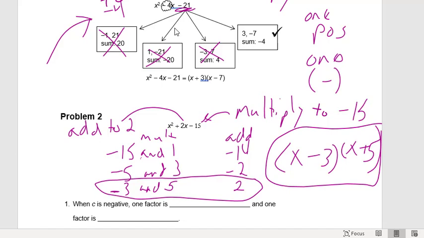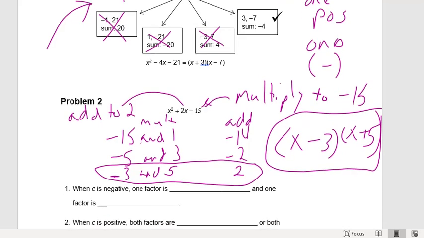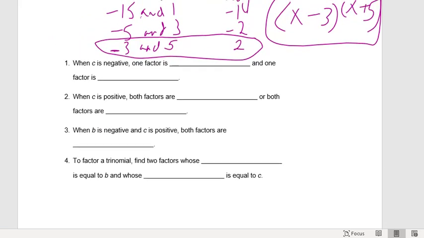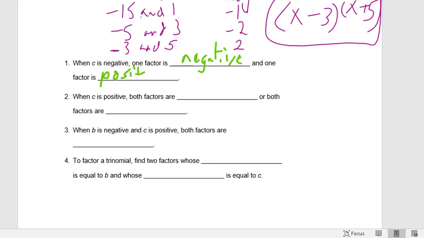All right, we'll run through this last little bit, and then I'll give you two your turns and then your assignment. Okay, so important key idea. When C is negative, one factor is negative and one is positive. So if the number at the end is negative, one of the factors is positive, one is negative.